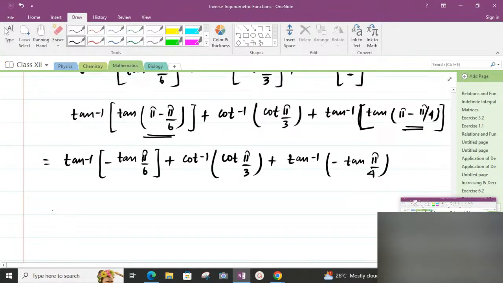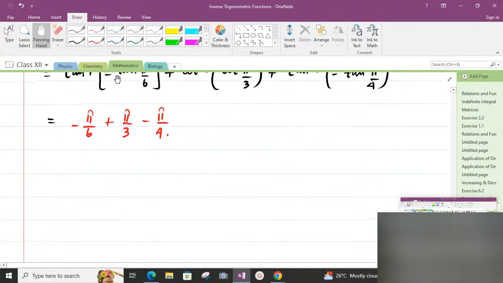The final step here will be minus pi by 6, plus pi by 3, and sorry, minus pi by 4.